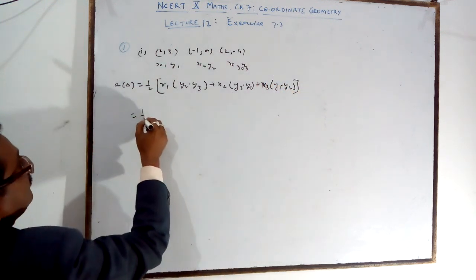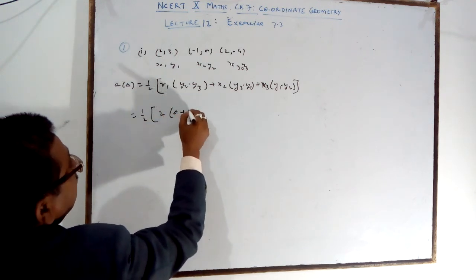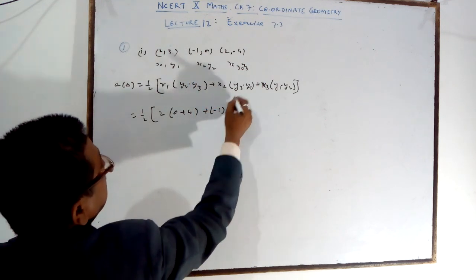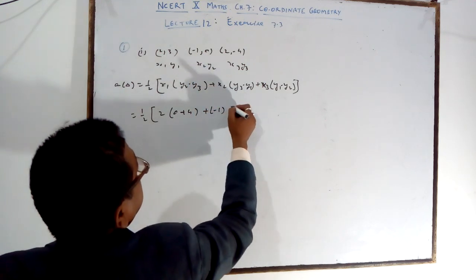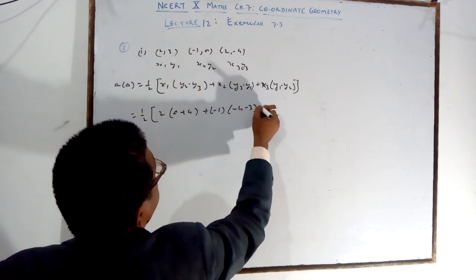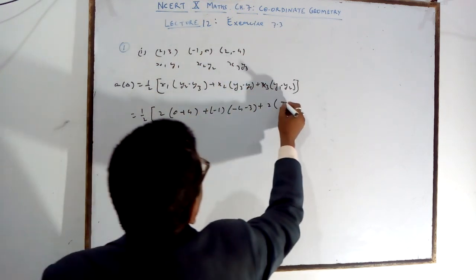So you will put the values: half of x1, 2 into (0 plus 4), x2 minus 1, y3 is minus 4 minus 3, x3 is 2, y1 minus y2 is 3 minus 0.